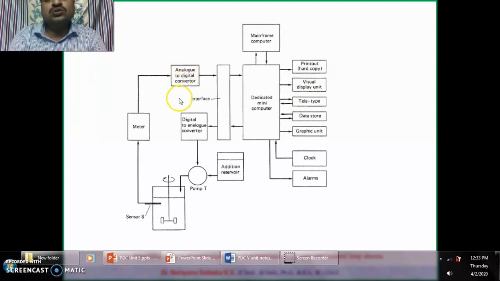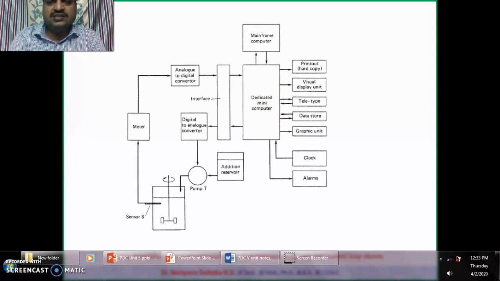So we need to use a transducer, which is nothing but an instrument that converts a signal from one form to another. Here we are using a transducer of the type analog to digital converter, called ADC. It will convert this electrical signal into a digital signal that goes to the computer through the interface. Then the computer will compare that value with the required set point.